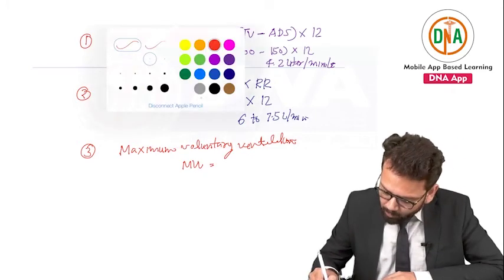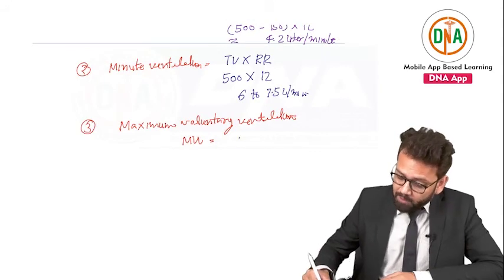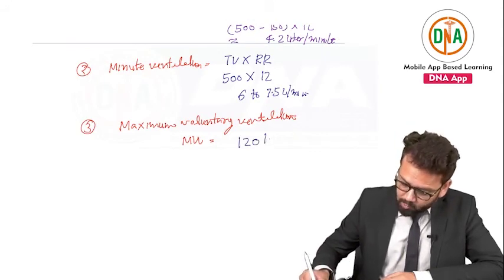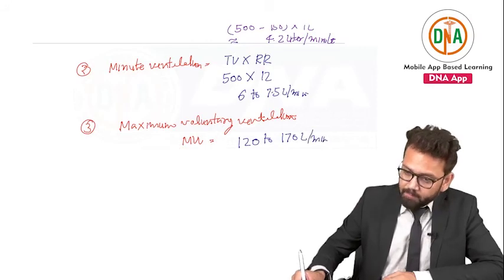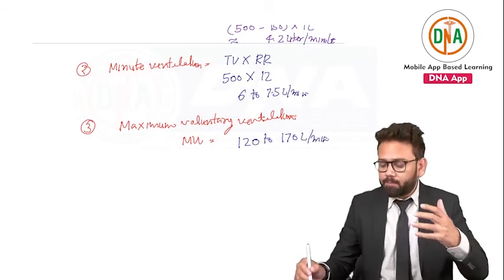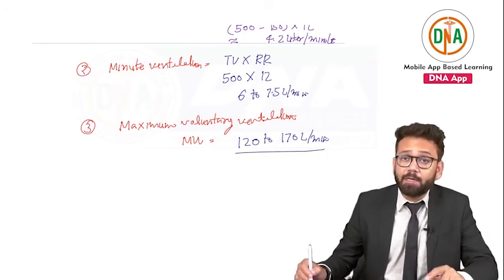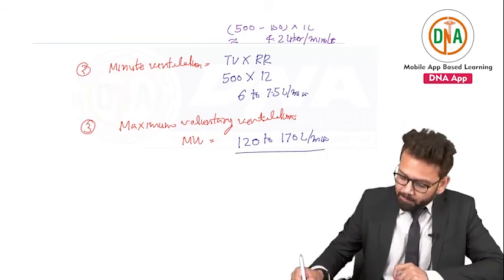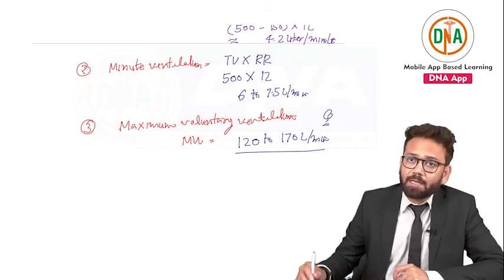Can you guess the amount of air which you can maximally ventilate per minute? It is 120 to 170 liter per minute. If you maximally voluntarily ventilate, the amount of air which you can ventilate is 120 to 170 liter per minute. This is called maximum voluntary ventilation.